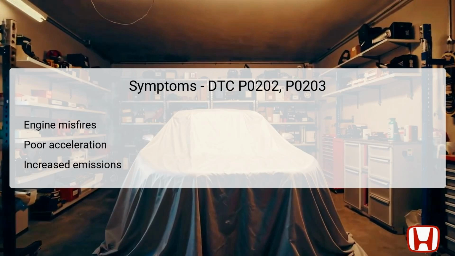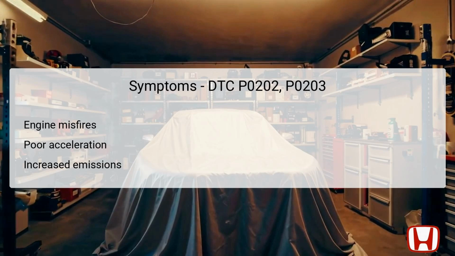Symptoms associated with DTCs P0202 and P0203 may include engine misfires, which occur when the cylinders are not receiving the proper amount of fuel for combustion. This can lead to significant performance issues, including poor acceleration and an overall lack of power.